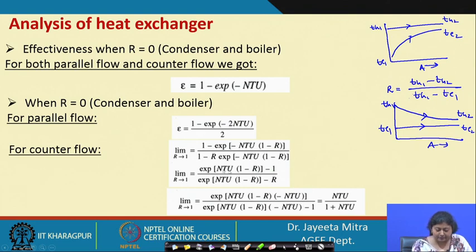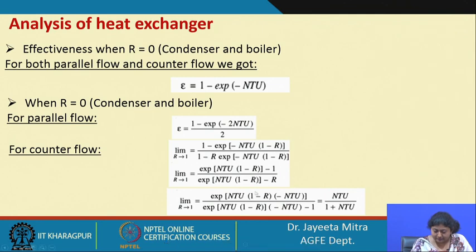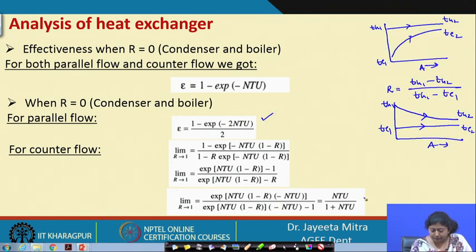Okay. So, this is the method how we can take that R tends to 1 and then we calculate this one. So, basically you have to just remember the expression of that, when you want to use the effectiveness method for calculation.